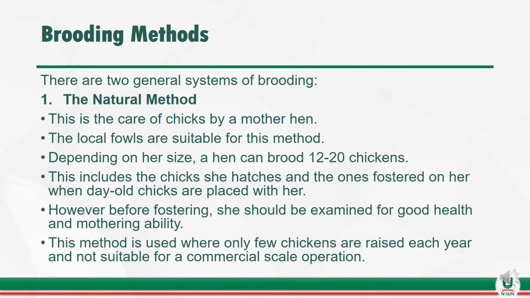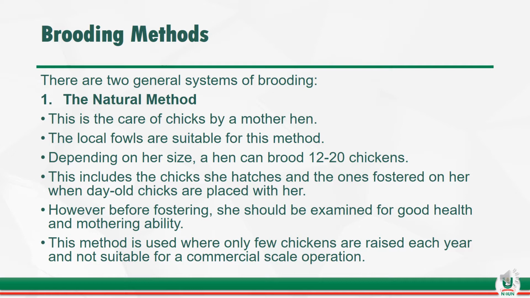Brooding methods. There are two major methods employed here. Number one is the natural method, and the second is the artificial method. Let's start with the natural method. This is very simple. It is the care of chicks by a mother hen. When you see the local hen in your environment staying on the eggs that she laid, that is the natural method of brooding.